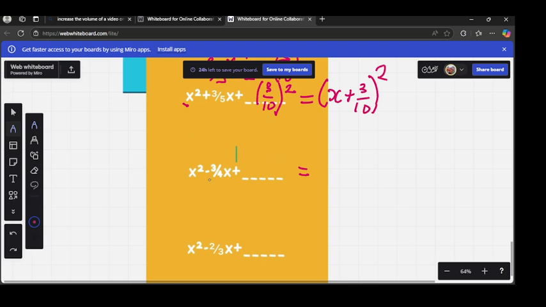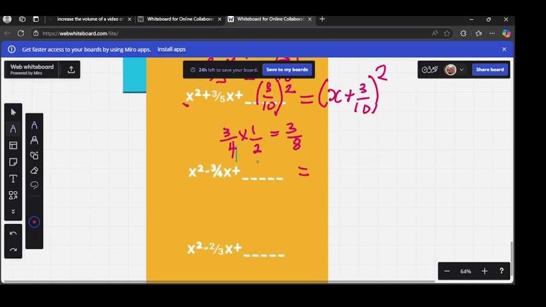If you look at the coefficient of x here, it is 3 over 4, right? And half of 3 over 4 would give me 3 times 1, 3, 4 times 2, 8.